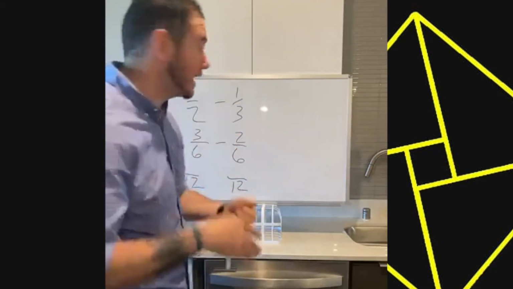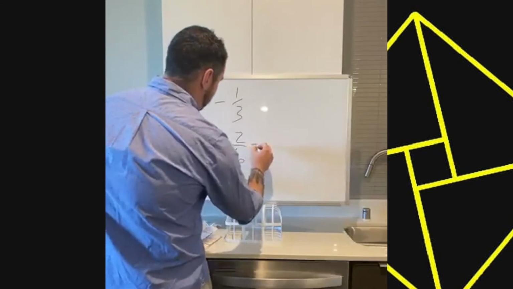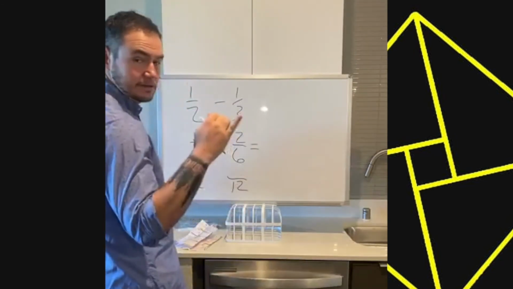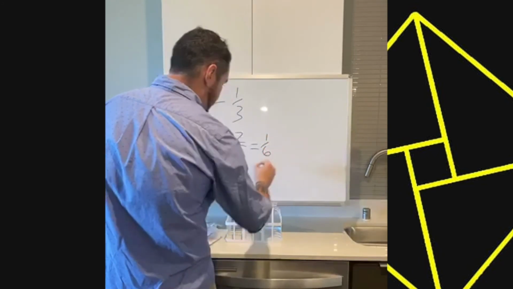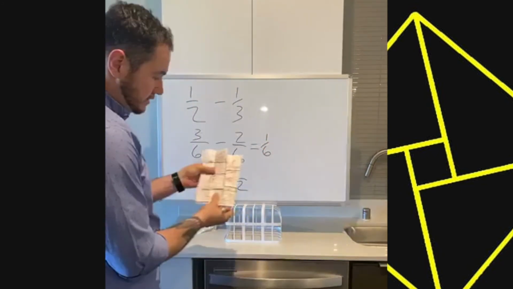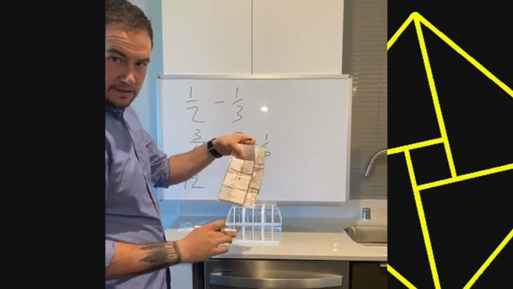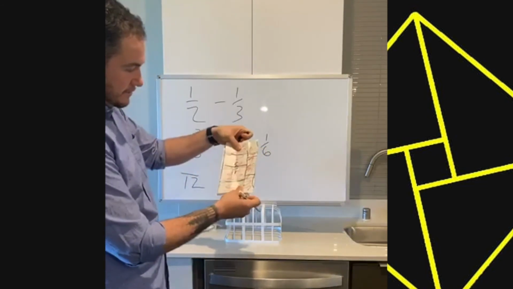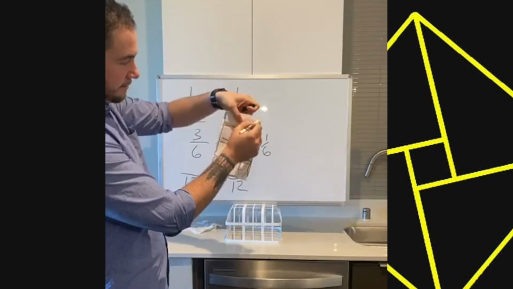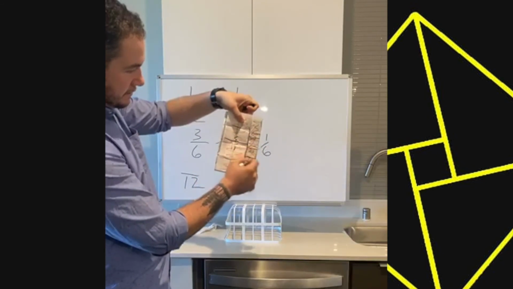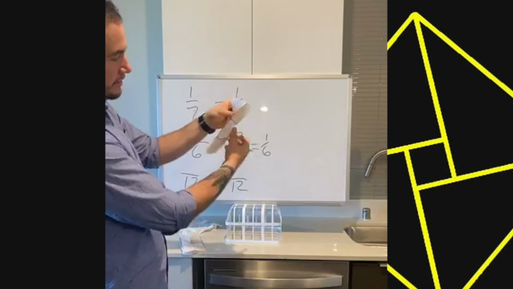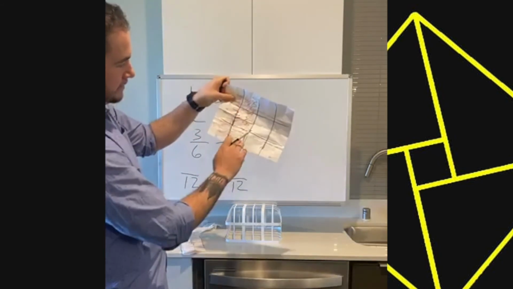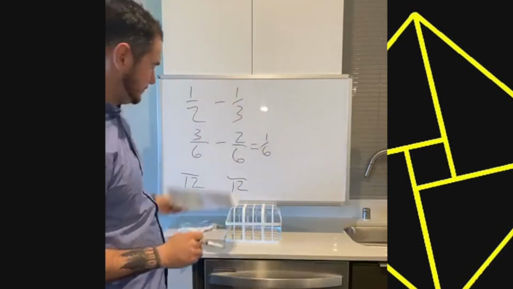They have to subtract to create, well, if I have 3 and I take away 2, I have 1 out of 6 left. So this is 1/6 that remains. Doesn't look like 1/6, but I guarantee you if I fill this out like this, that's going to be 1/6 of my entire sheet of paper. This section here is 1/6 out of the sheet.